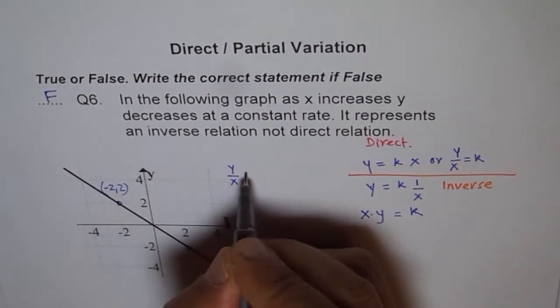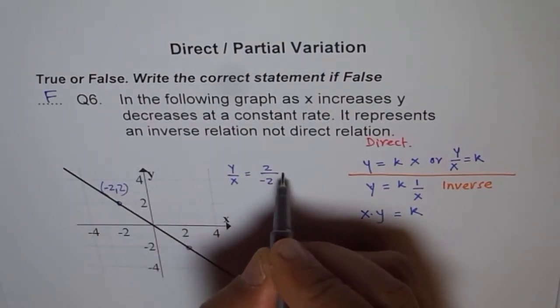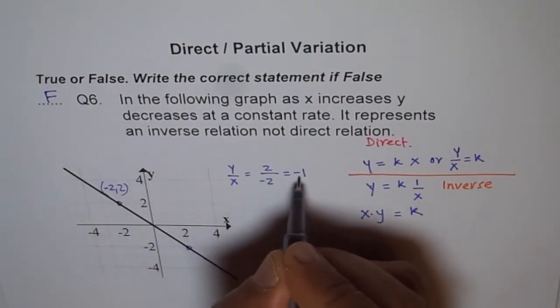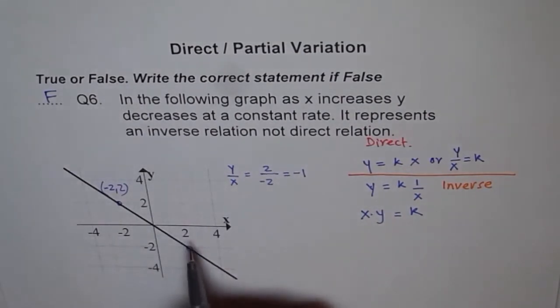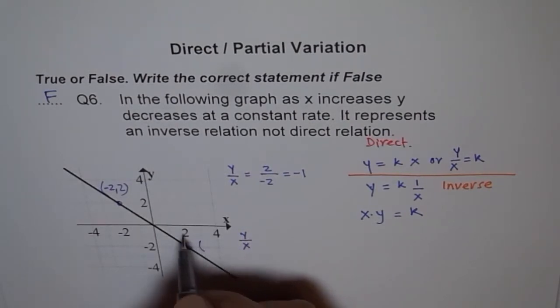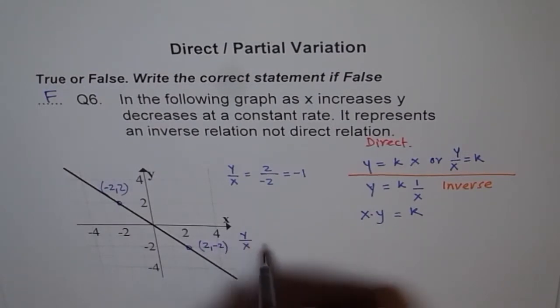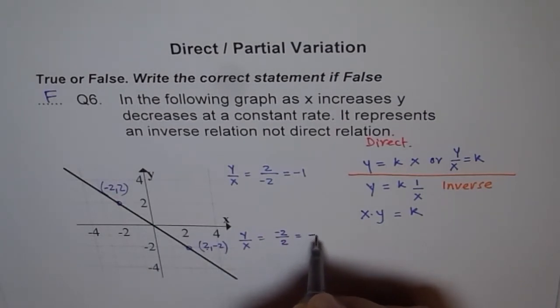So y is 2, 2 divided by minus 2, we get minus 1. Let's take this point. This is x is 2 and y is minus 2. So y over x is minus 2 divided by 2, which is again minus 1.